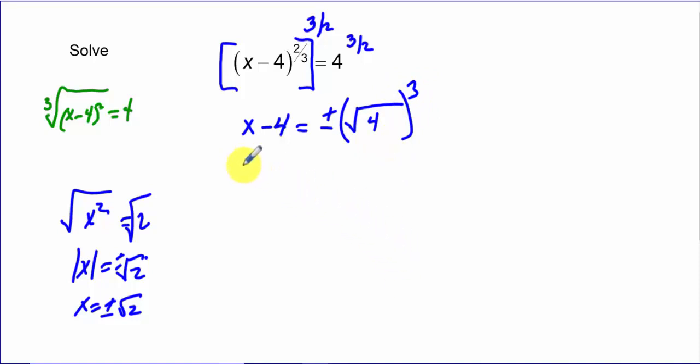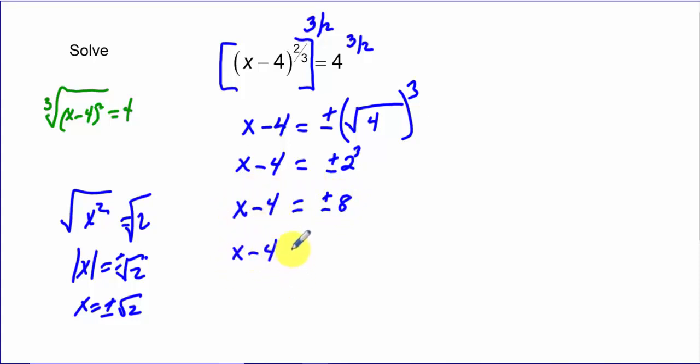So in this case, I have x minus 4 equals plus and minus 2 cubed, which is plus and minus 8. So I have x minus 4 is 8, and x minus 4 is negative 8, which gives me answers of 12 and negative 4.